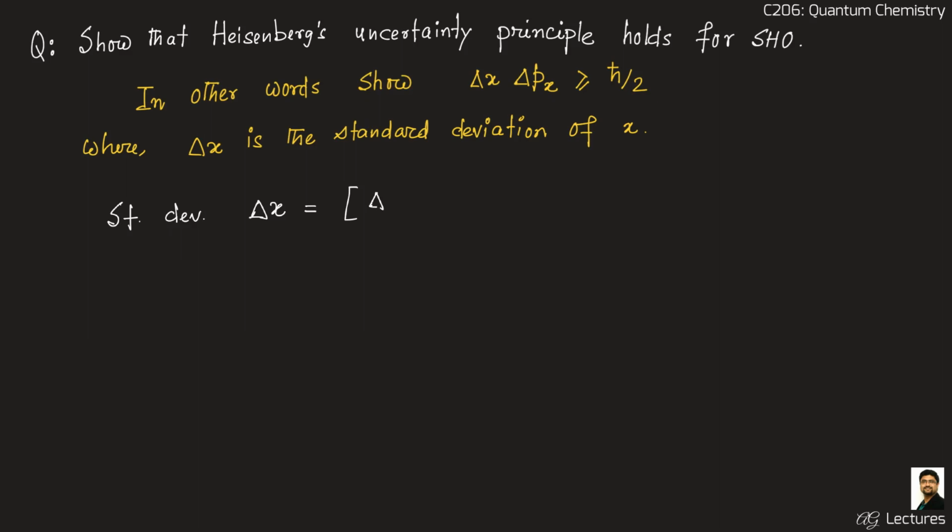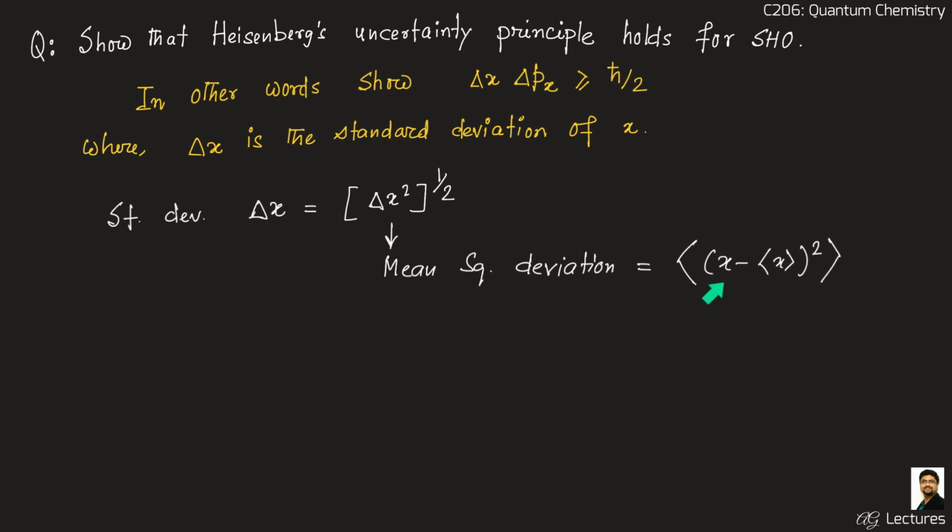We can always write it like this, the mean square deviation, which is given by x minus mean of x, squared, and then take the mean, right?